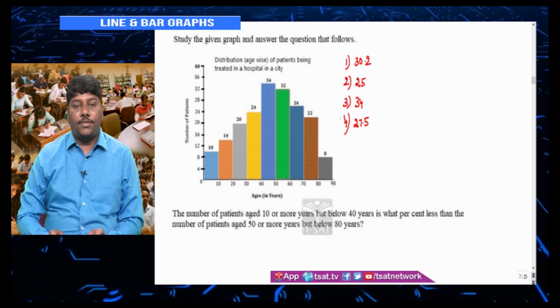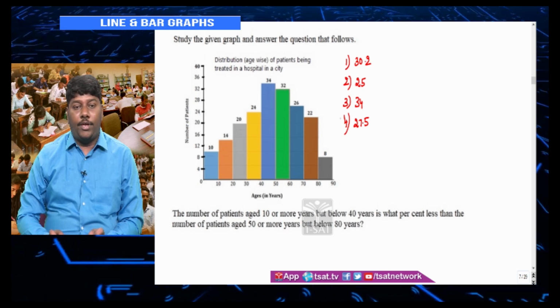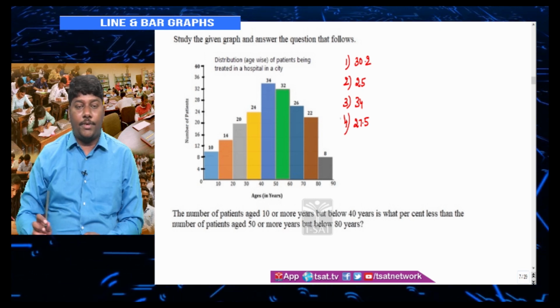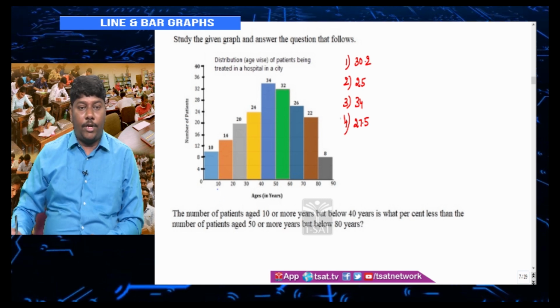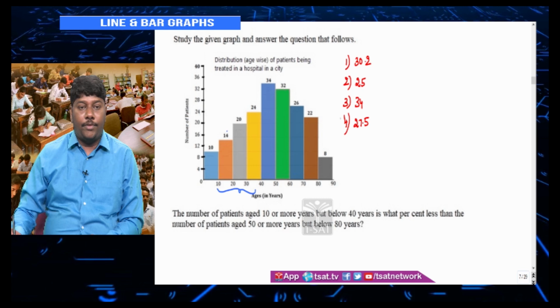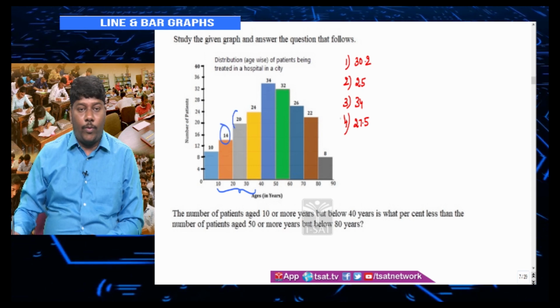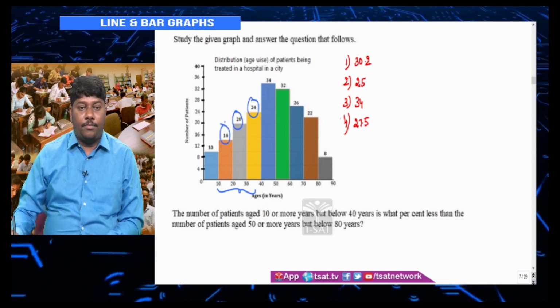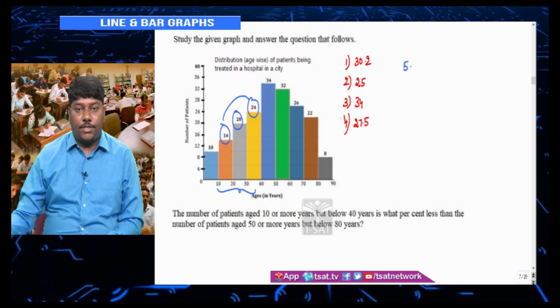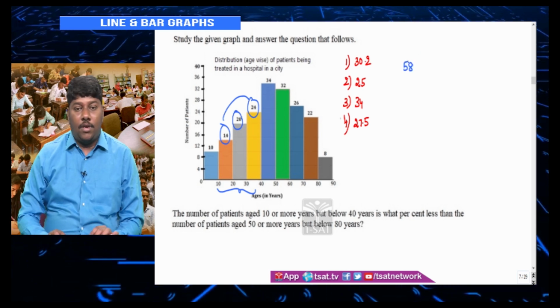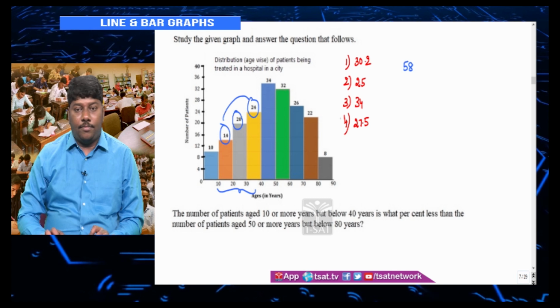The number of patients aged 10 or more years but below 40 years is what percent less? 10 or more but below 40. So, 10 or more below 40 means in between 10 to 40, that is 14, 20, 24. So, I would say 38, 58. So, first data is 58. Is what percent less?